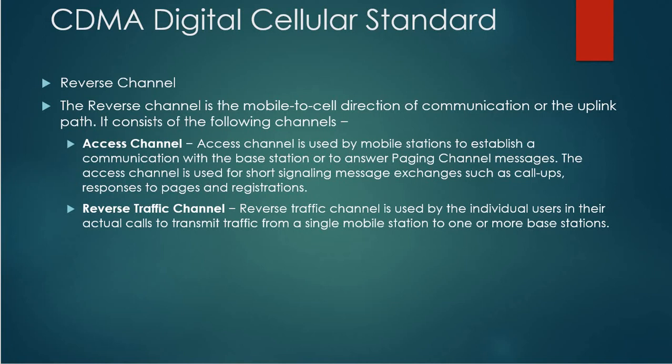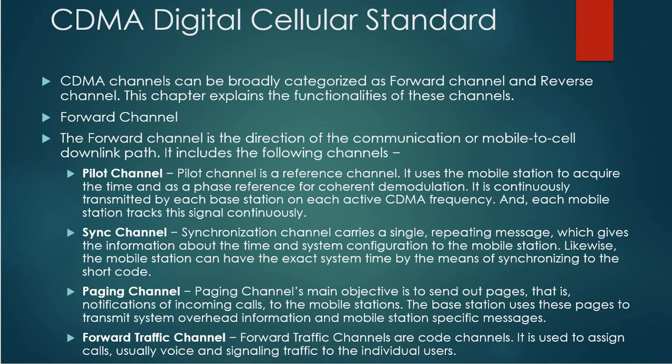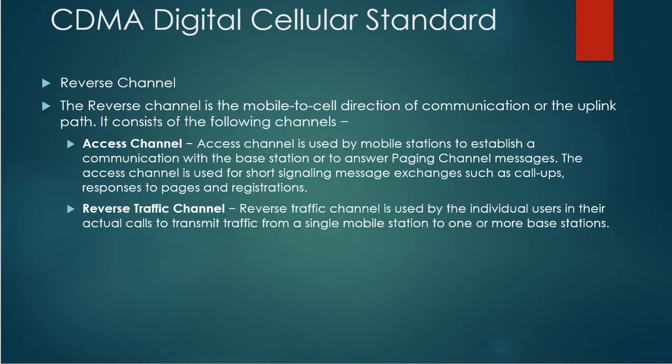Okay, let's move to the reverse channel. The reverse channel is the mobile to cell direction of the communication, the uplink part. What is the forward channel? The forward channel is the downlink part. Mobile to cell, and the reverse channel is the uplink part. It consists of the following: access channels and reverse traffic channels. What are the access channels?